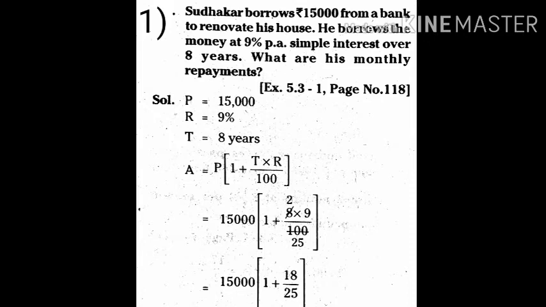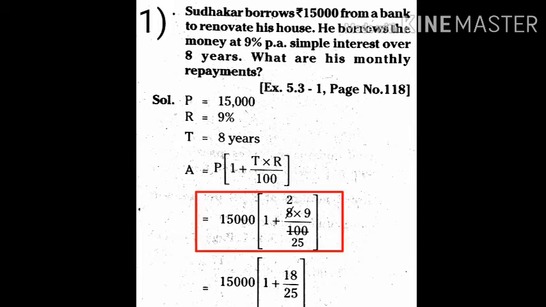Solution. Here P means the money Sudhakar borrowed from the bank, that is 15,000. R means he borrows the money at 9% per annum, that is 9%. Time is 8 years. We know that the amount under simple interest is P into (1 plus TR by 100).